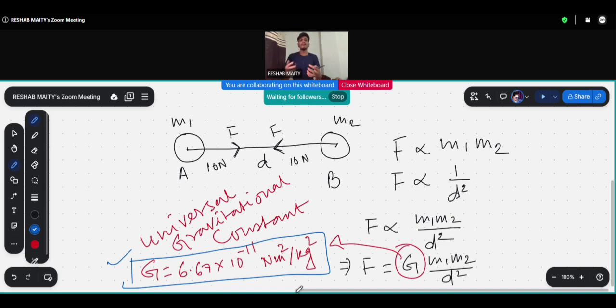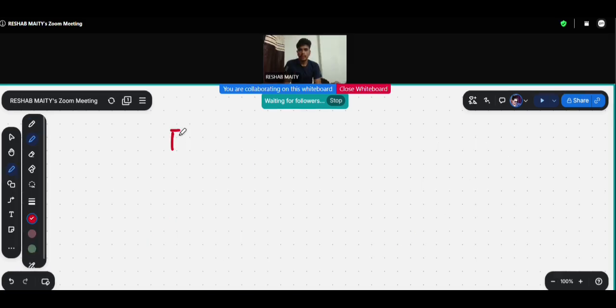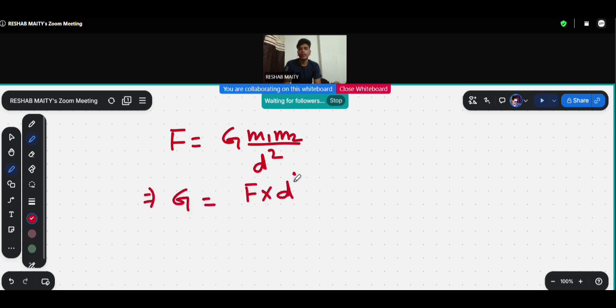Now let us derive the unit of G. We know that F equals G M1 M2 by d square. From it we can calculate the value of G. It will be F into d square by M1 into M2. So we will simply put the unit of F, d, and M1 and M2 in it.